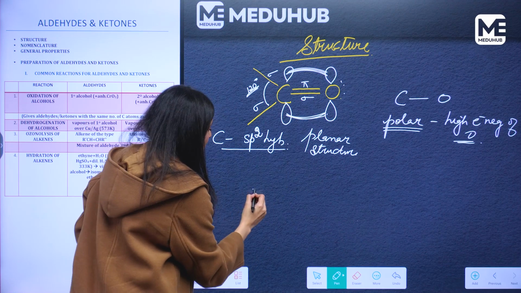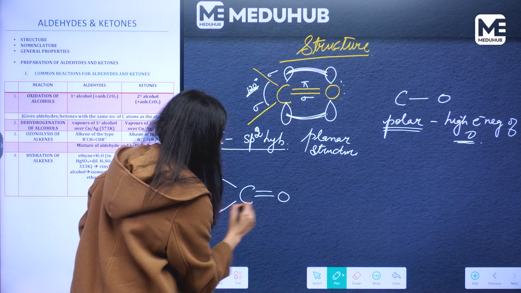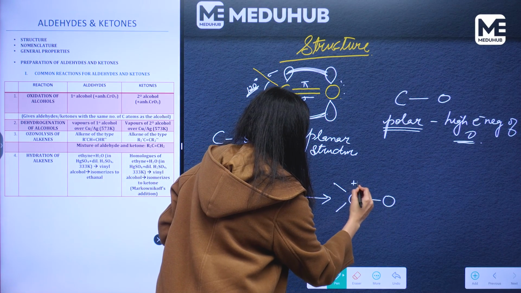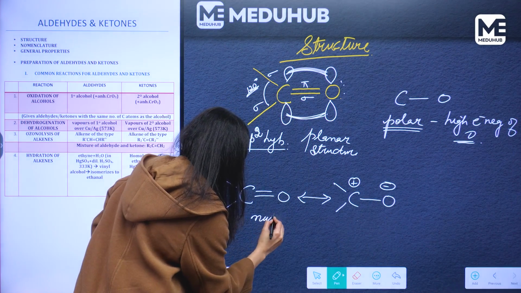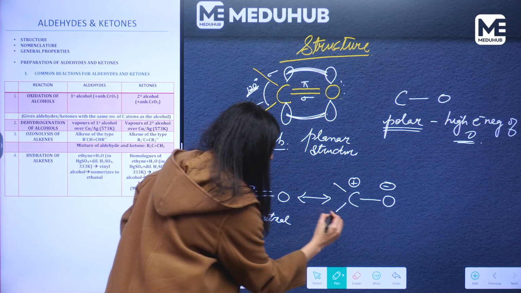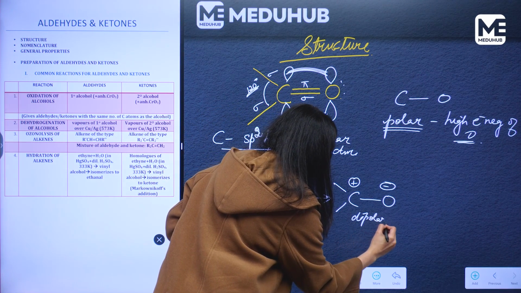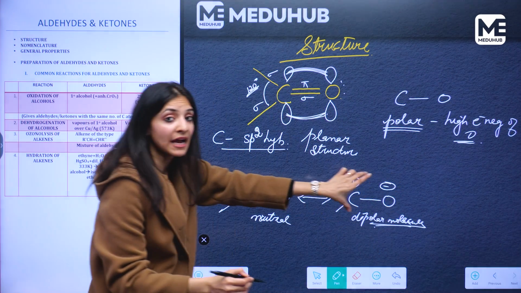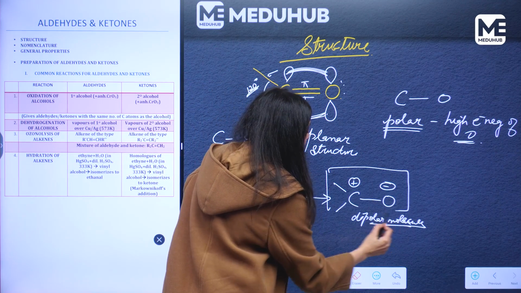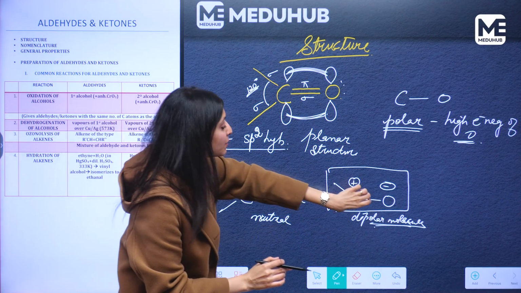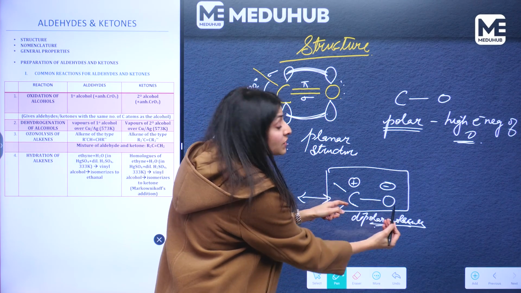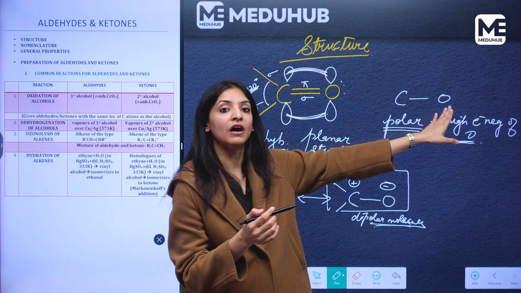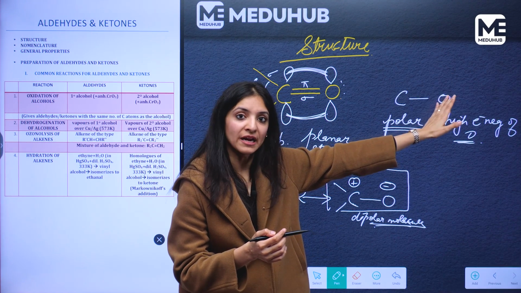That is because the carbonyl group is a resonance hybrid of a neutral molecule and a dipolar molecule. It is due to the contribution of this dipolar resonating structure that you see that the dipole moment of a carbonyl carbon here with this oxygen atom is very high than a value that will be predicted only if you take into account the minus I effect of this oxygen atom here.